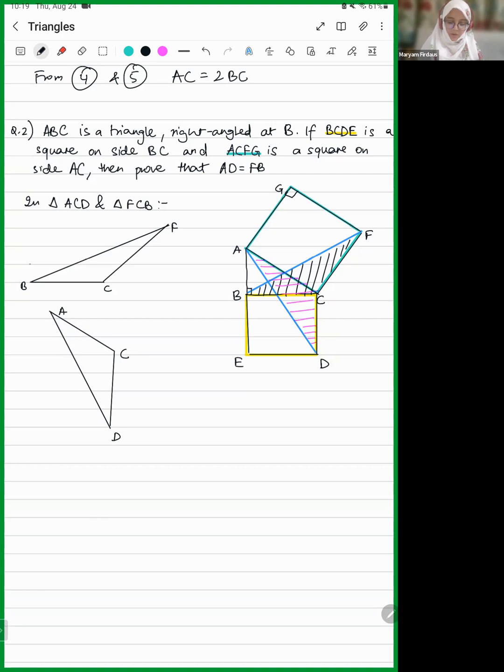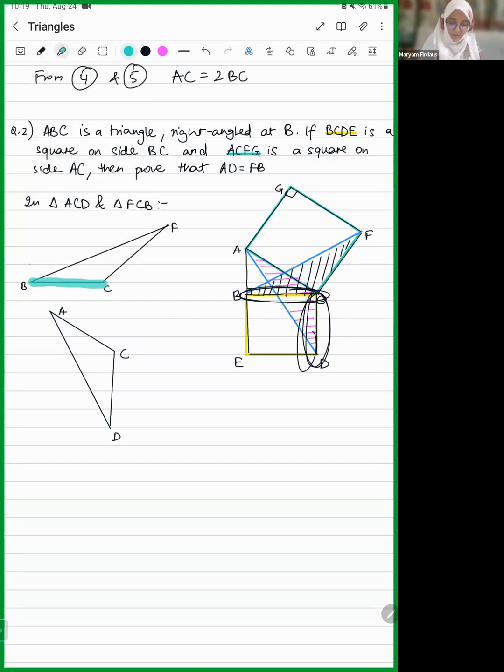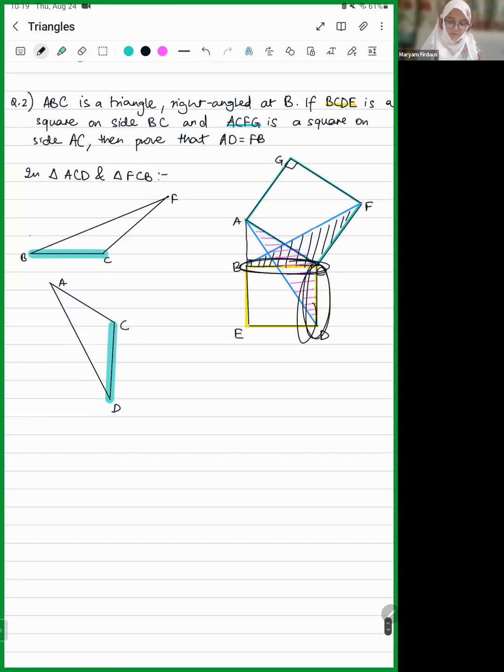Now look here. BC and CD. BC is this one. CD is this one. What can you say about BC and CD? That both of them are equal because they belong to like one square.